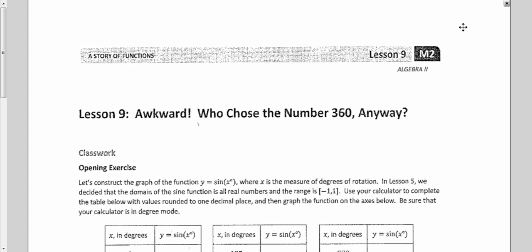Their number system. How many digits are in our number system? How many digits? Not how many numbers. 0 is a digit, right? 1 is a digit. 2 is a digit. 3 is a digit. 4 is a digit.